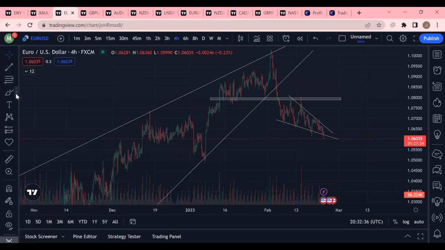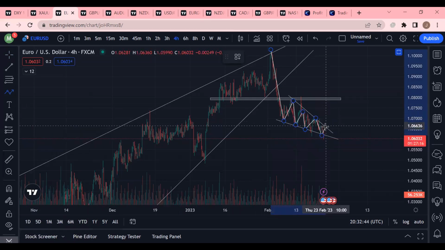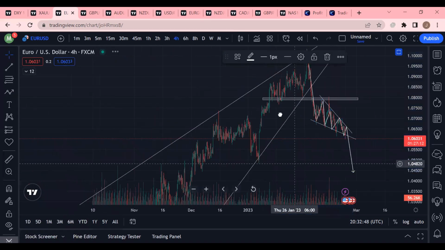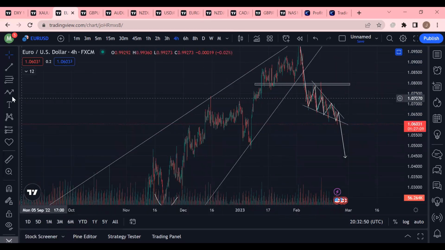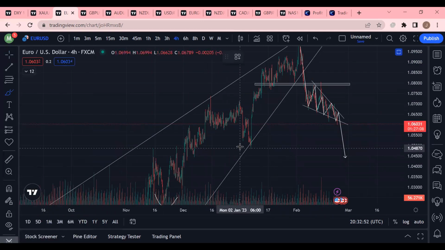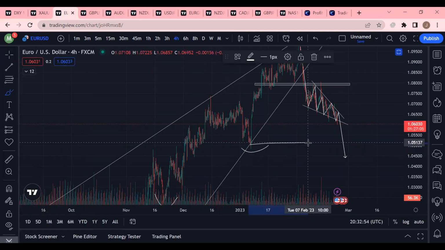Let me show you something. We entered into this consolidation. Now we drop to the downside, and we'll take this liquidity out. But it's good to take profit around here.